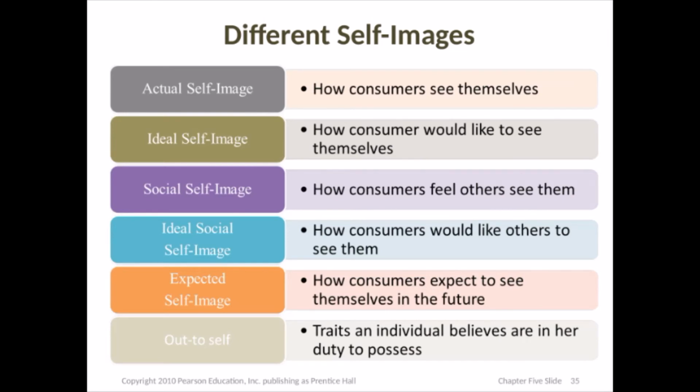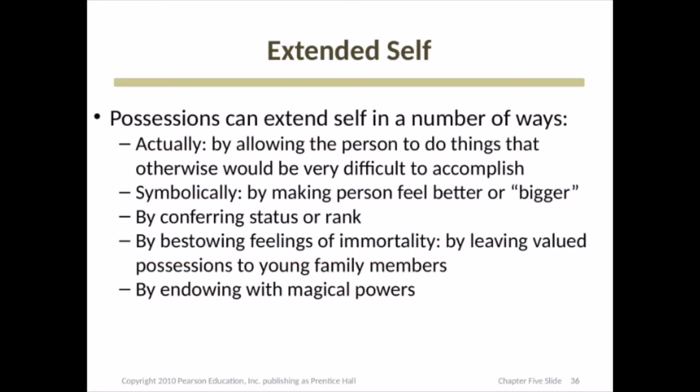How the consumer expects to see themselves in the future. What I expect myself to become in the future. Okay? Now ought-to self: how I want to make myself. We want to believe that we have these traits to possess. It's something between the actual and the ideal: in the future what will I be, or what do I want to be. These are the different self images. Okay.